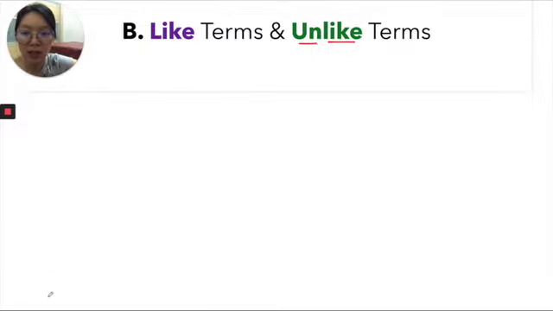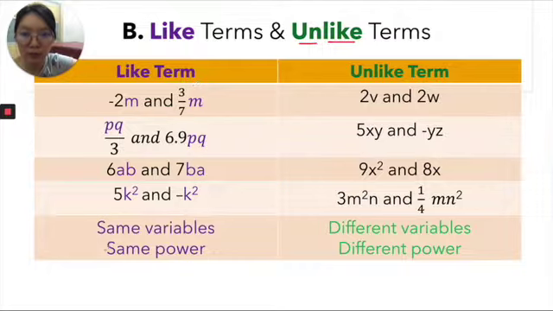Second part, like terms and unlike terms. Like term means 同类的. Unlike means 不同类的. Look at this table. How can we consider it as unlike and like? On my left, they are called like terms. First, in this term and this term, they must have the same variable.